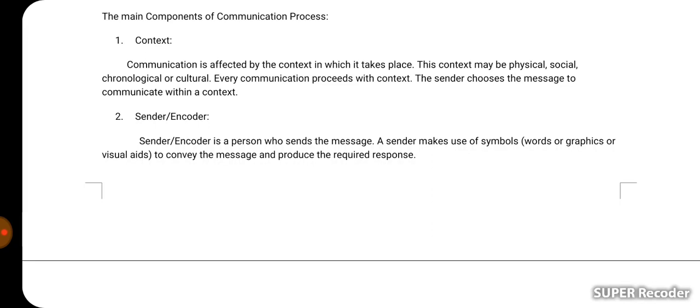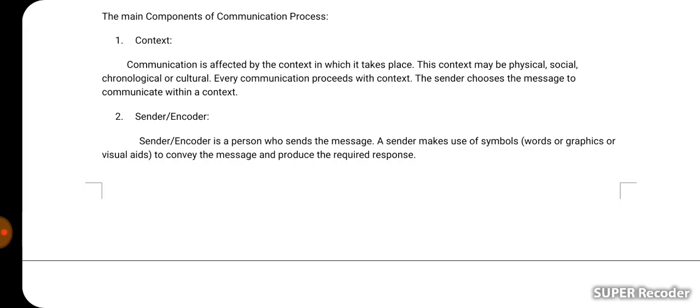The sender chooses the message to communicate within a context. So, it means that when a sender encodes a message, the sender or encoder, when he wants to send or encode a message, he opts for a context.